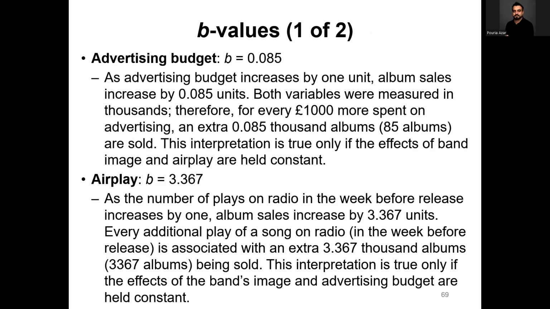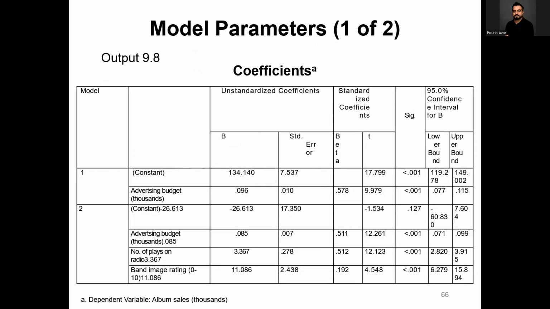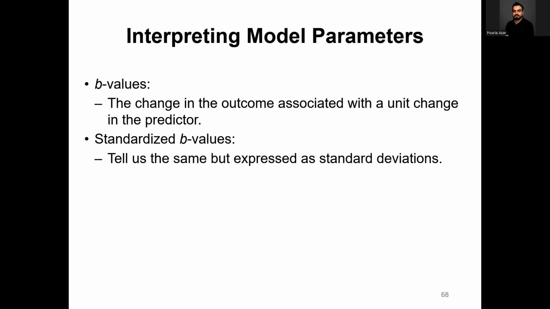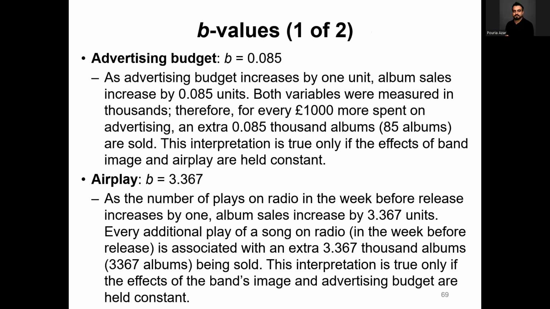So for example, the beta coefficient for advertising budget was 0.085, which is here in this table. You can find 0.085. That is the beta coefficient for advertising budget in the second model, or in multiple linear regression. So how can we interpret this value?